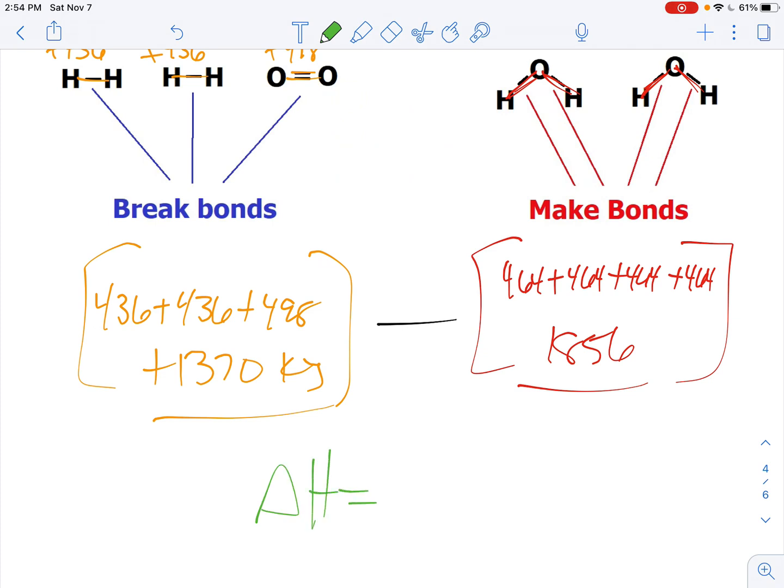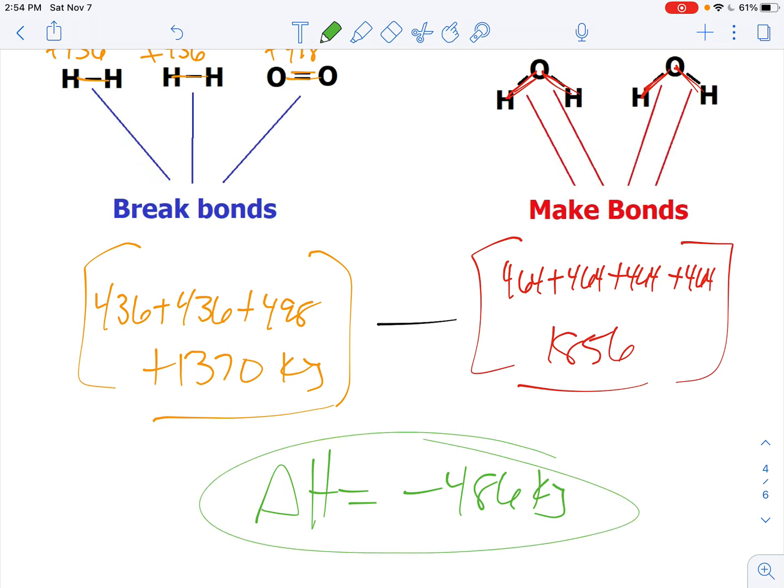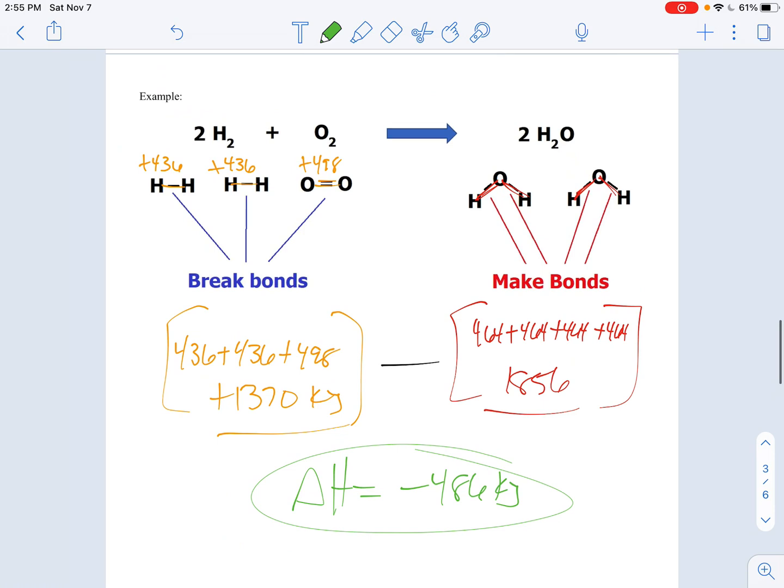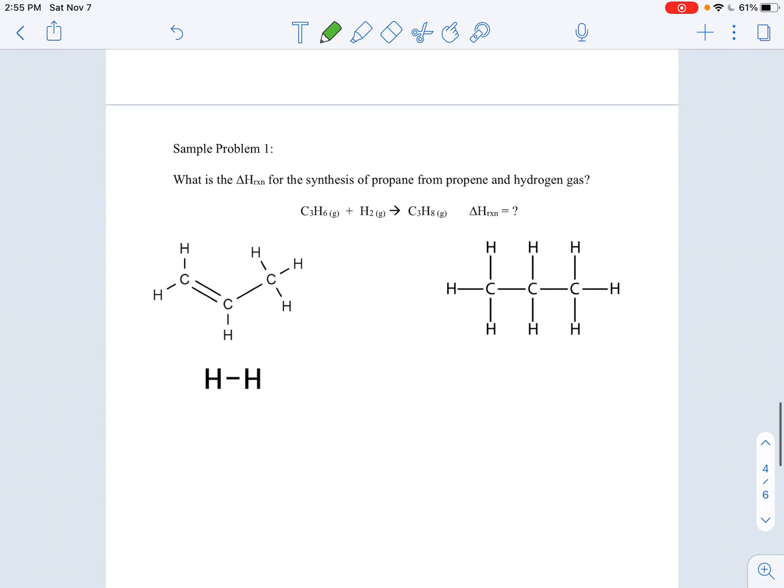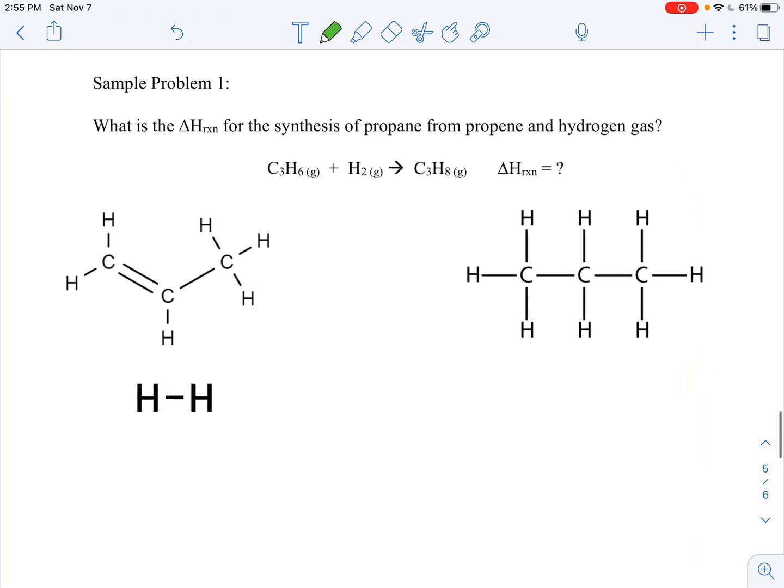So my overall delta H of my reaction is going to be 1370 minus 1856. So I'm going to get negative 486 kilojoules for this reaction to occur. So all you do is you figure out how much energy for the bonds that you have to break, subtract from that the energy of the bonds that you have to make, and then you're in good shape.